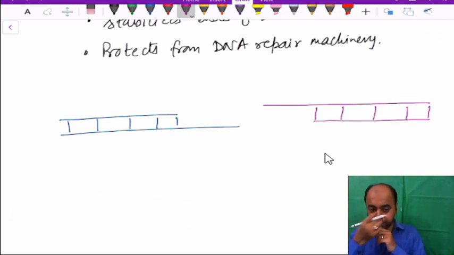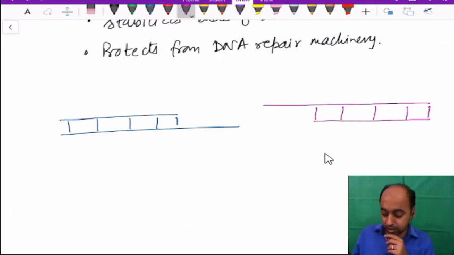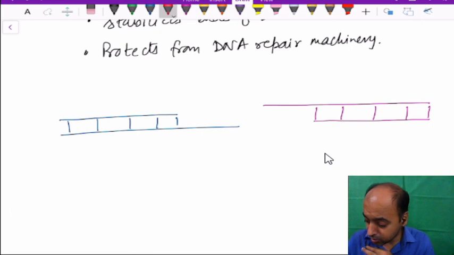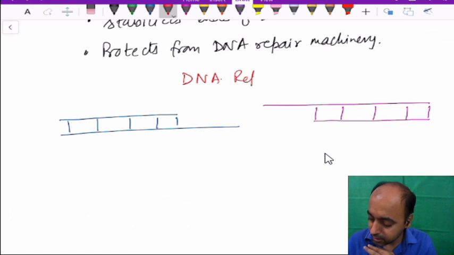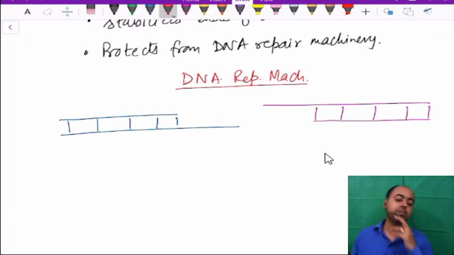Now, when the DNA repair machinery comes across the two DNA like this, see, I have drawn the two DNA strands with separate colors, but in the cell the DNA will be of the same color. There is no different color for the different chromosomes.